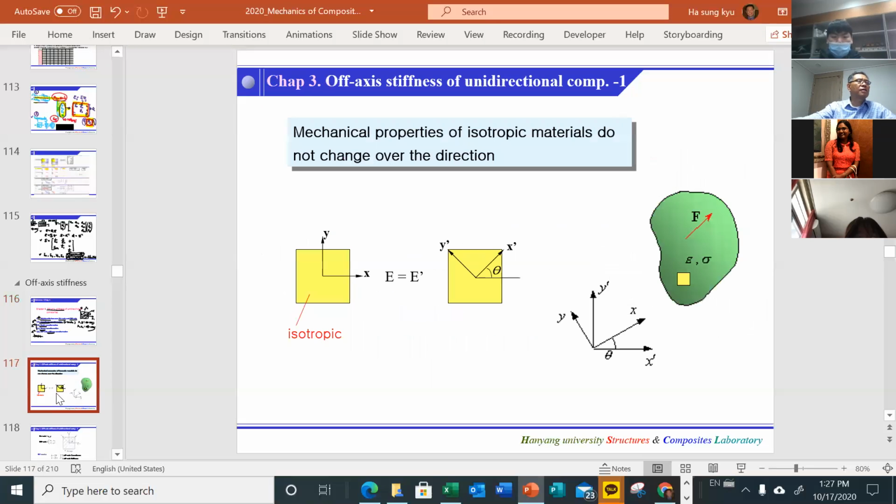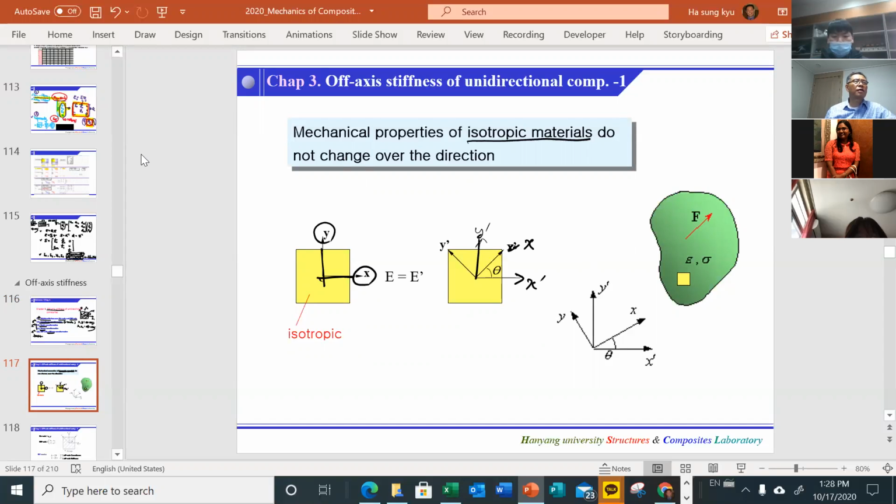Okay, so let's define the coordinate system. Consider the mechanical property of an isotropic material. Isotropic material does not change over the direction. What it means is that, say this yellow material is isotropic, and we have a fixed coordinate X, Y fixed to this material, and it rotates. This is the X prime and this is the Y prime.